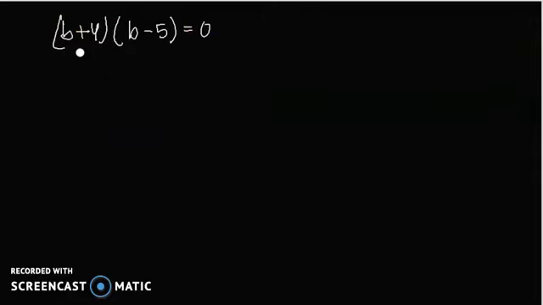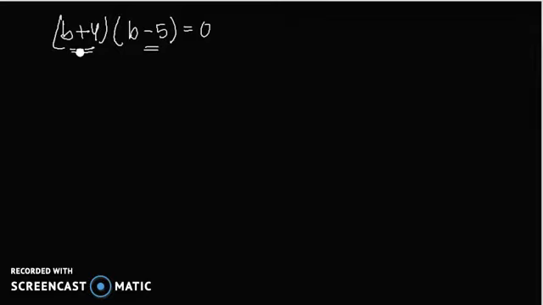So this is our equation that we got in our previous step. Now in order that left hand side is equal to right hand side, any of these terms has to be 0.